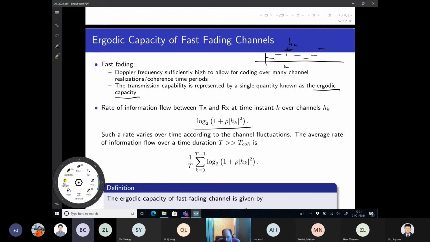There are lots of assumptions behind this. I just want to give you some qualitative interpretation here. So you can imagine that if you have a channel that changes over time, your rate of information flowing over each of those channel realizations will also change over time. If you have a good channel, the amount of information you could transmit over the channel could be larger. In other words, the channel could support a higher rate.